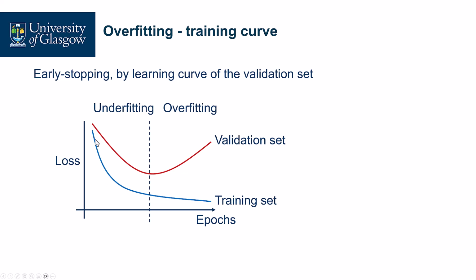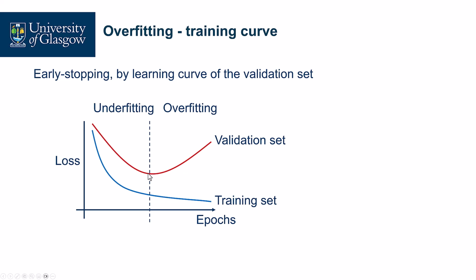However, only looking at the training set curve, we can't identify when this change happens. But with a validation set, we can observe it. In the first phase, the validation error improves together with the training error. But at some point, the training set tries to catch the minor details, but the validation set doesn't.